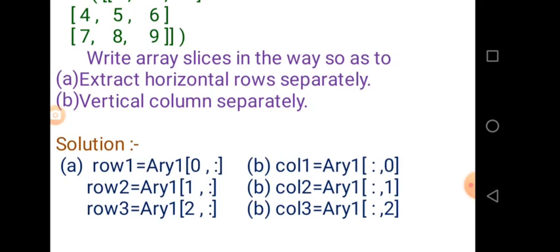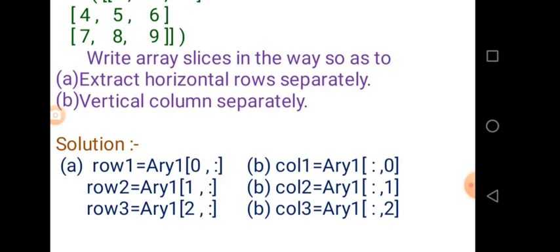For the second row, write row 2 equal to ARY1 and its index position is 1, then a comma, and select every column, so just write colon, since there is no need to mention start and step values. In a similar manner for row number 3, write ARY1, the name of the array, then its index position, that is 2 in this case, then a comma and a colon, which selects each and every column.